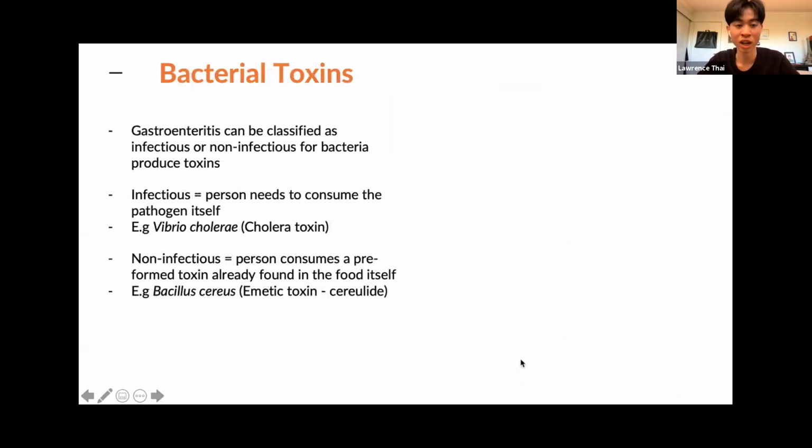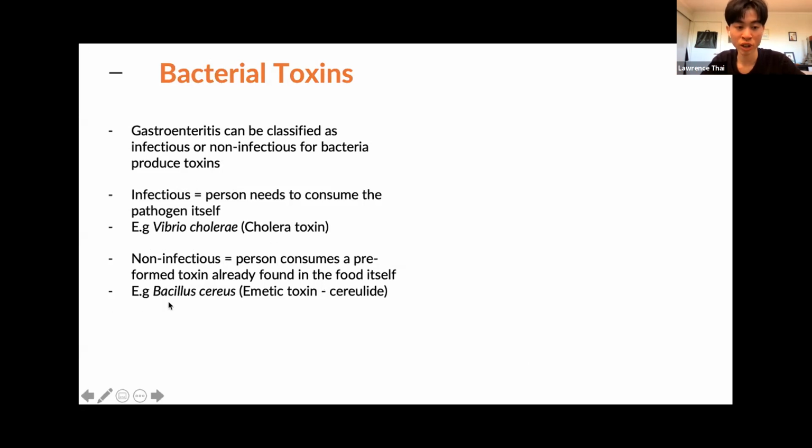Okay, so last but not least, we've got toxins. So gastroenteritis can be classified into non-infectious and infectious. Non-infectious means that the person actually eats the preformed toxin. So they don't consume the bacteria or the pathogen itself. They've actually eaten the toxin that was produced by the bacteria, and it's in the food.